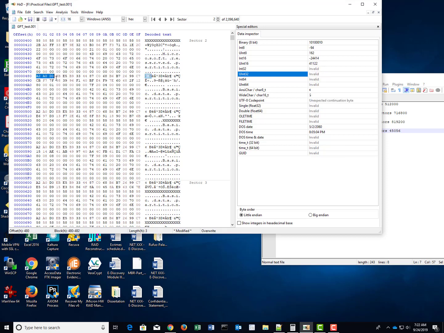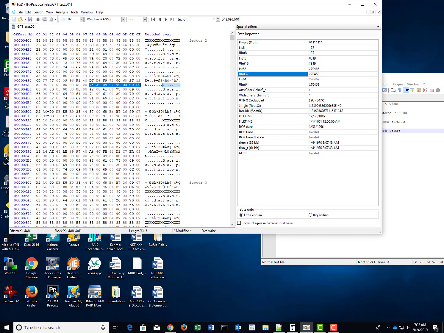We're going to come down to the next type GUID, and from now on the type GUID is always going to start with A2, A0, D0. You will see that repeating, A2, A0, D0, A2, A0, D0, and so forth. Each one of those partitions is always going to start with that value. So if I go down 2 rows from that, there's my starting sector. So there's the starting sector for partition 2, there's the ending.